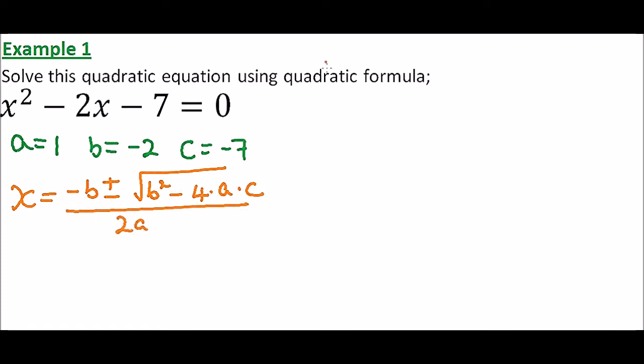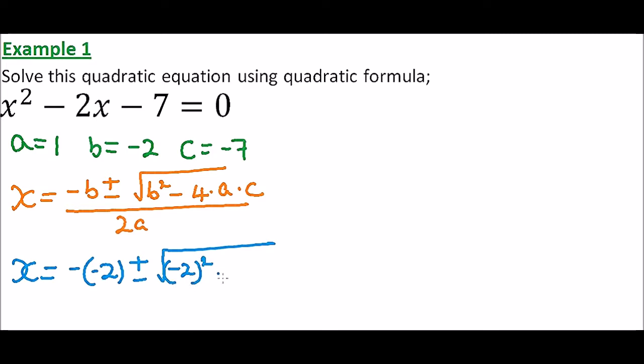We now substitute our constants here, that is for a, b, and c, and we say x equals minus, our b is minus 2, so we have minus minus 2, plus or minus the square root of minus 2 in brackets squared minus 4.